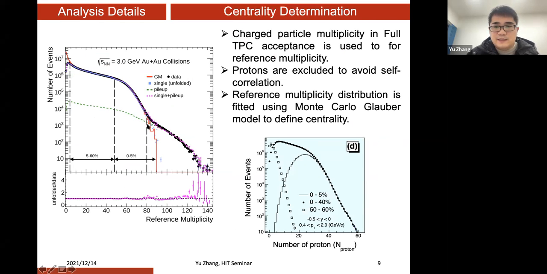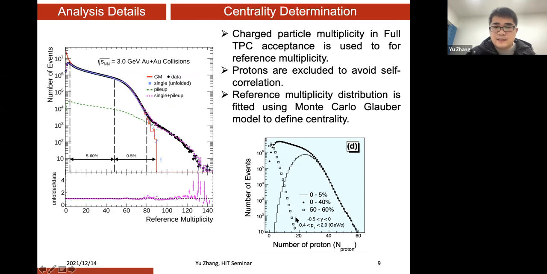So when the centrality classes are defined, we can plot the proton multiplicity distribution as shown in the right bottom plot, for different centralities from 5% to 40%, and the most central we can obtain in the current data.